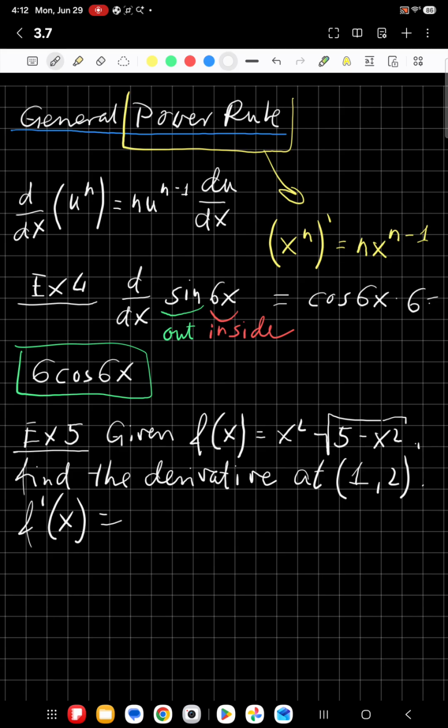You see that there is multiplication, right? I have x squared times that radical, so I need to use the product rule. Let me write it slowly. I'll use those primes to indicate that we need to differentiate that expression, times the second expression unchanged, 5 minus x squared.